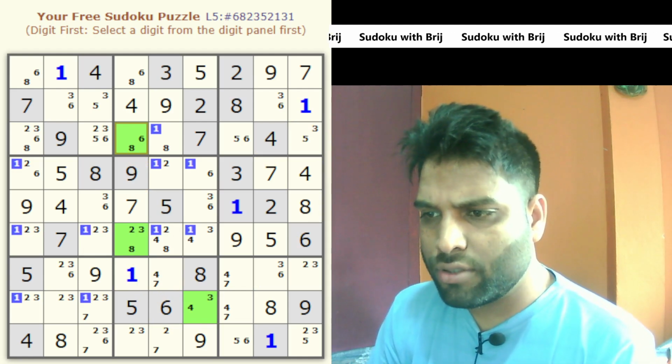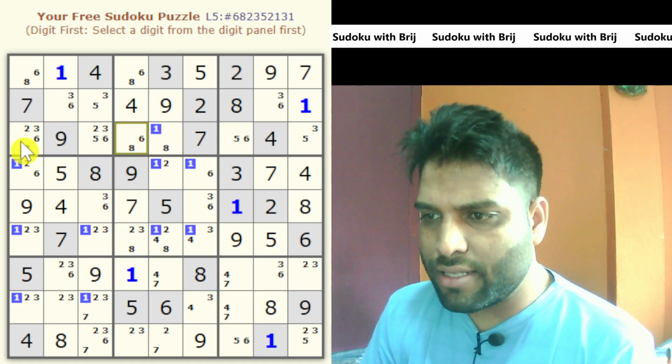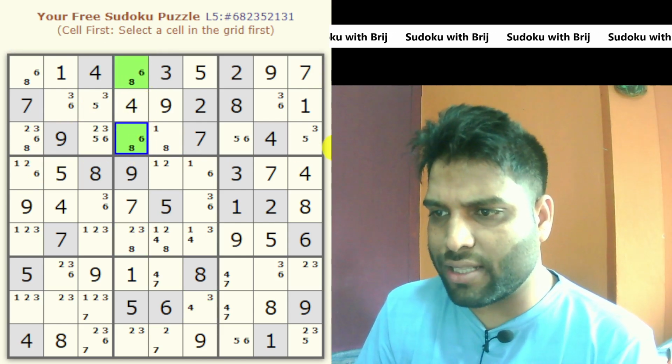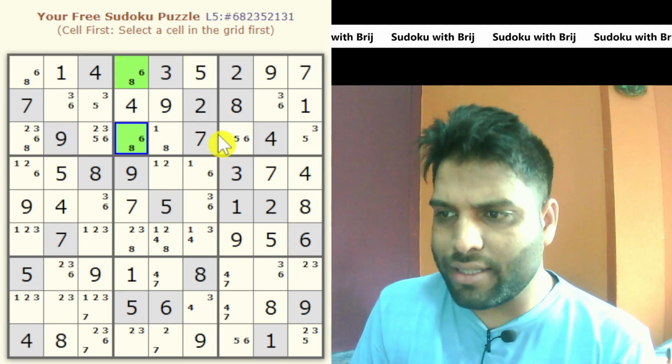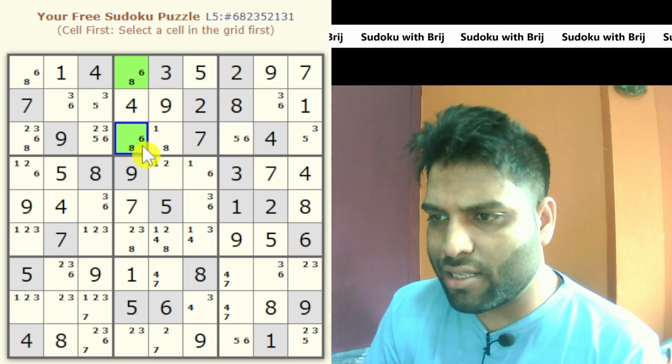Great. Now okay, there is a naked pair of 8 and 6 in these two cells. And in this box, 8 and 6 can be removed from other cells of this box.